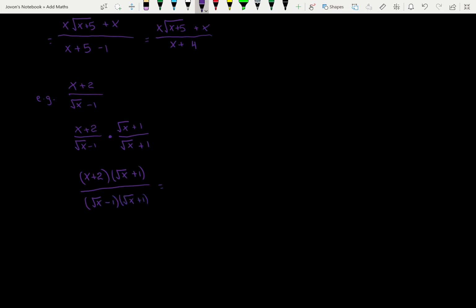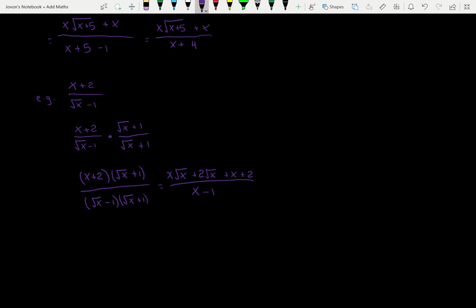Okay, now expanding the top, what we get is x root x plus 2 root x plus x plus 2 all over x minus 1.